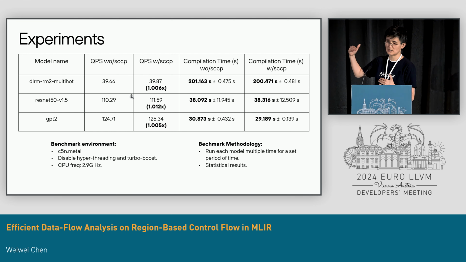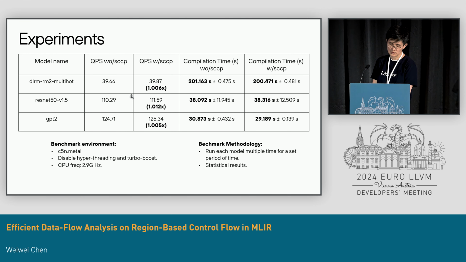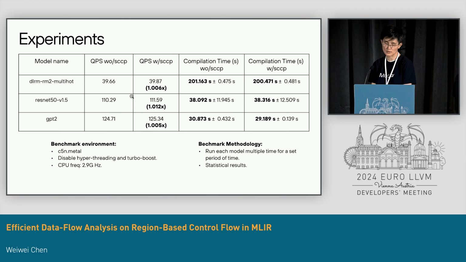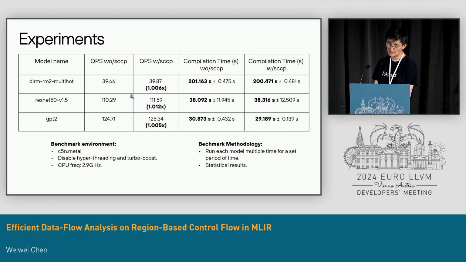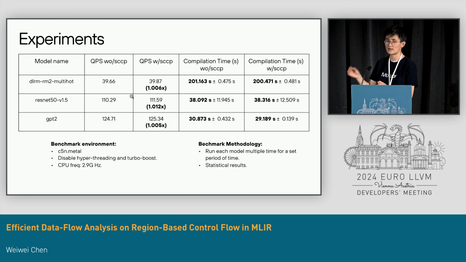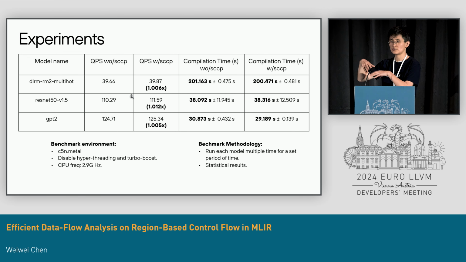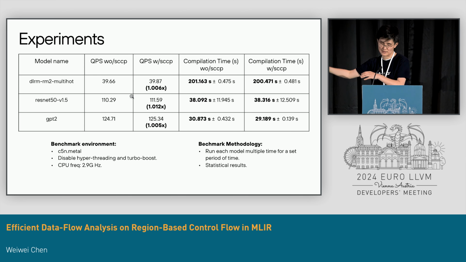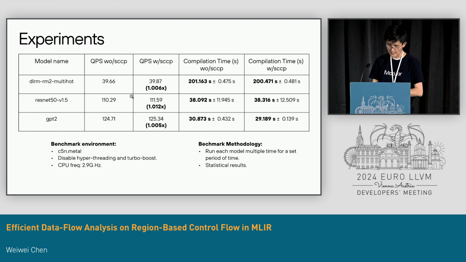And this is a statistical result in terms of performance gain. We can also take a look at the compilation time. There's not a significant difference with or without SCCP. In some of the runs, SCCP is even faster because we are getting rid of more code, so you're compiling less code and getting faster compilation time.